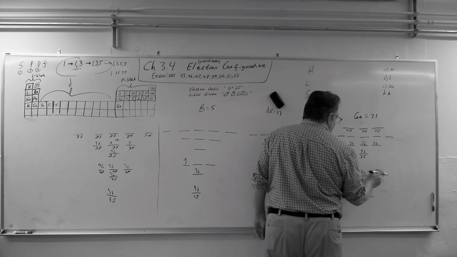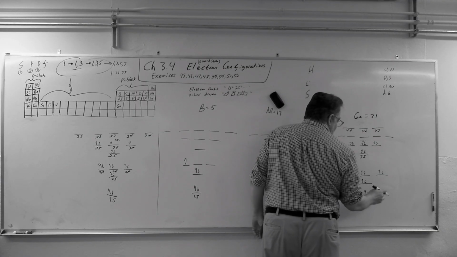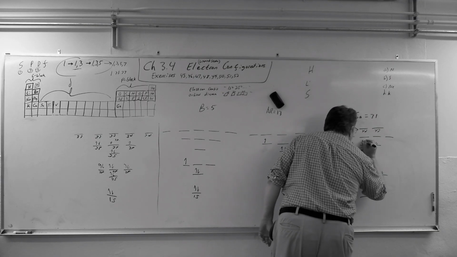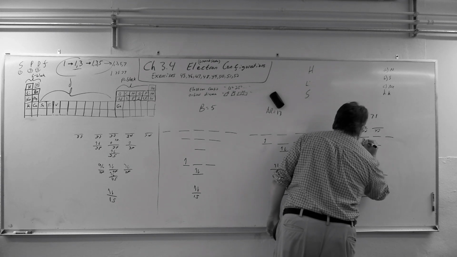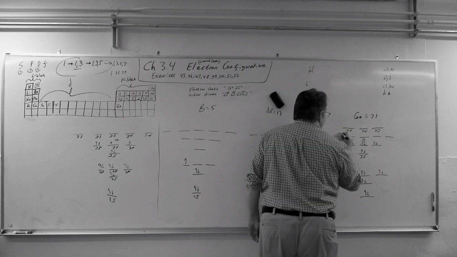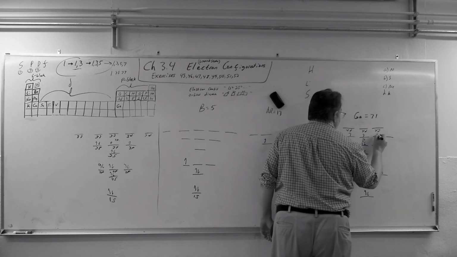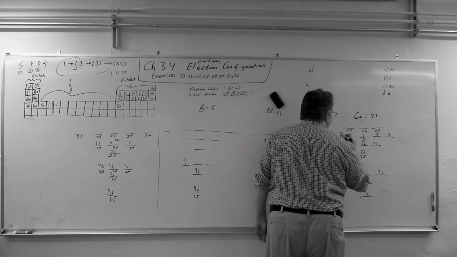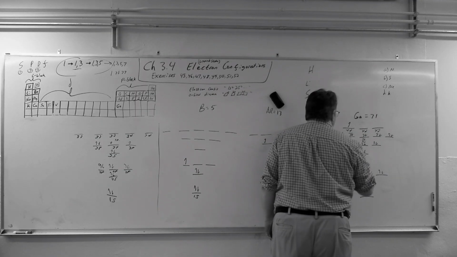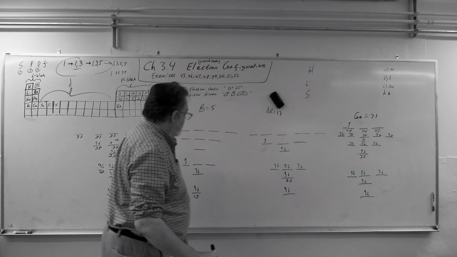That's 18: 2, 4, 6, 8, 10, 12, 14, 16, 18. So the 2 in the 4s makes 20, 21, 22, 23, 24, 25, 26, 27, 28, 29, 30, 31.